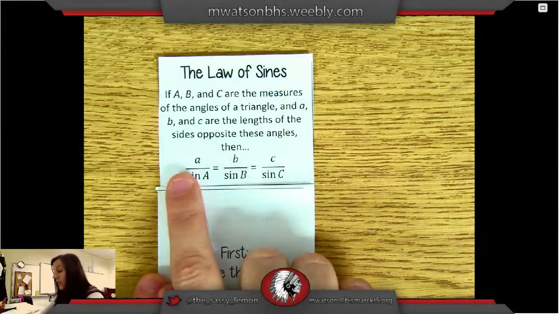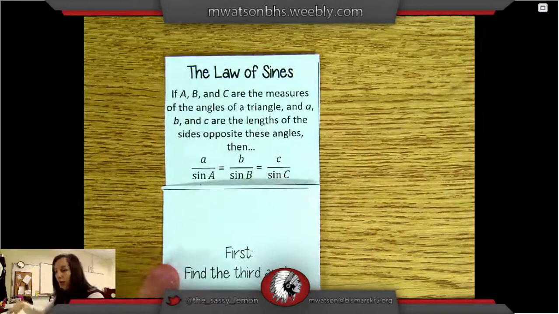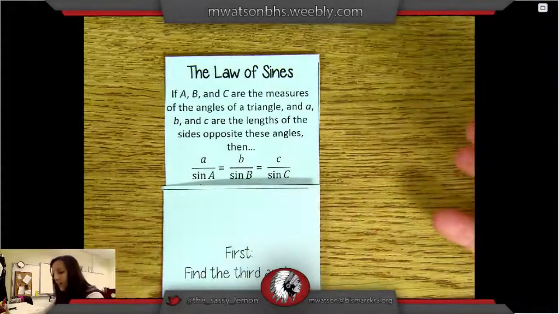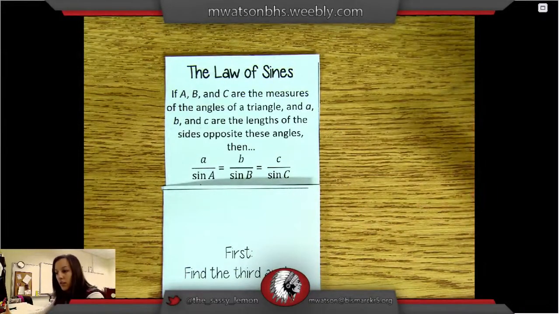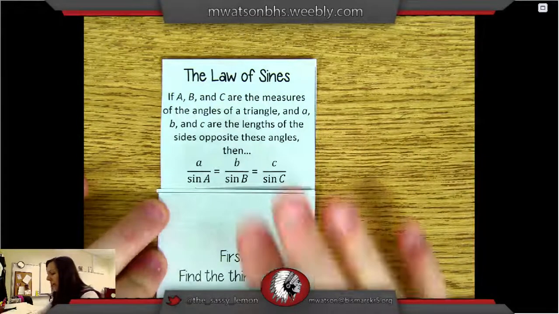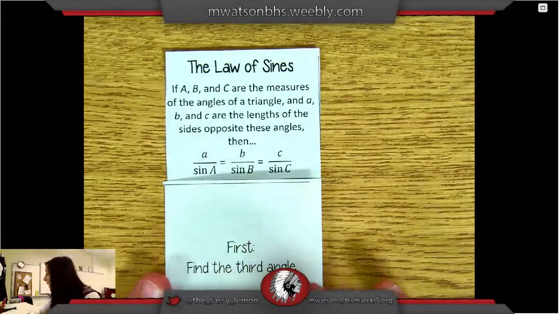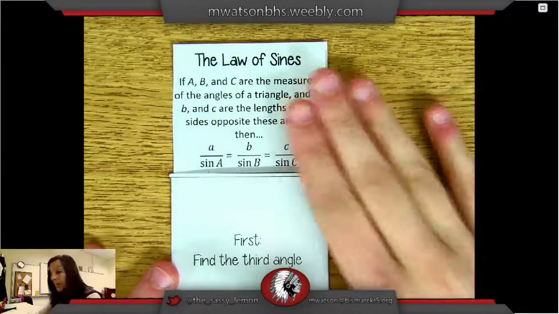All right, so don't be confused by the fact that you have three fractions that equal each other. That's just to condense the law of sines into one statement. And that'll all come together a little bit more when you start to see some problems worked out. But first, I want to prove this to you.